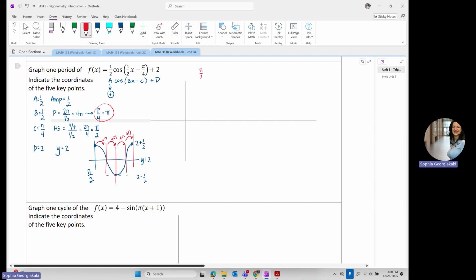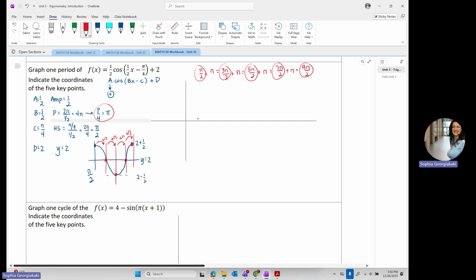So pi over 2 plus pi will be 3 pi over 2, plus another pi will be 5 pi over 2, plus another pi will be 7 pi over 2, and plus another pi will be 9 pi over 2. So these are the x-coordinates of the 5 critical points. And I know their y-coordinates because I know the midline and the amplitude. So I'm ready to graph.